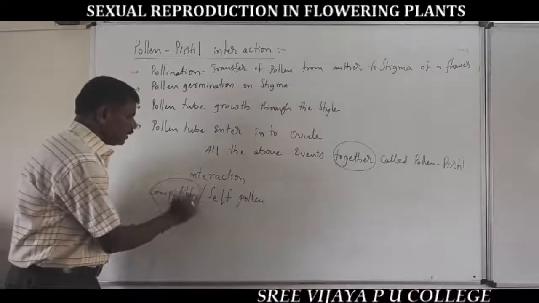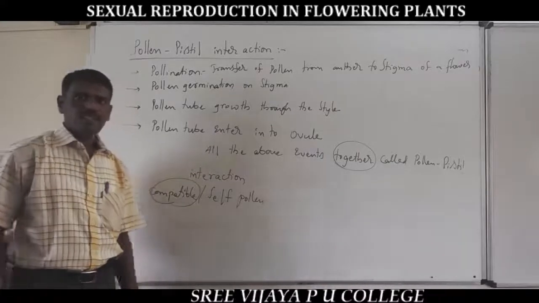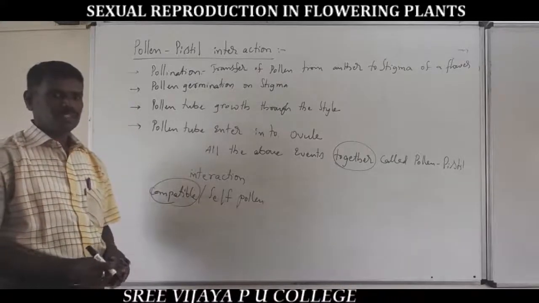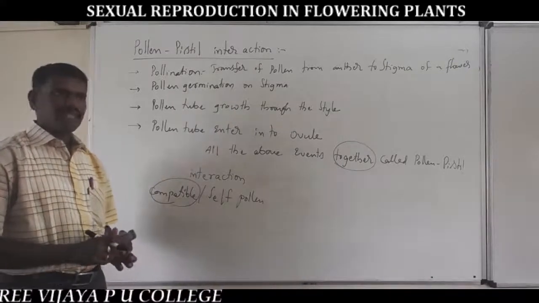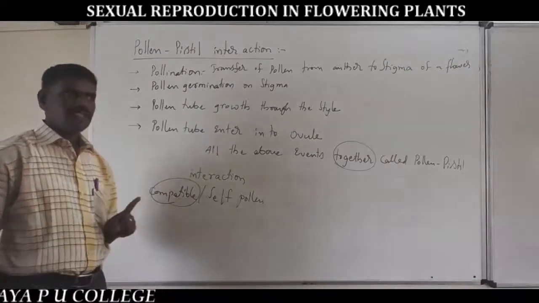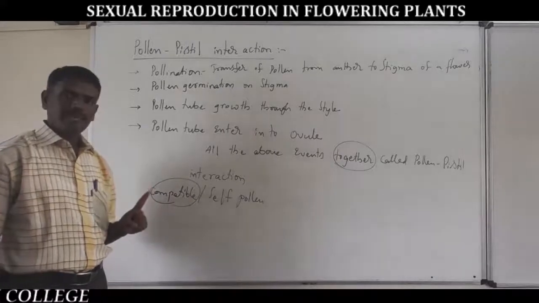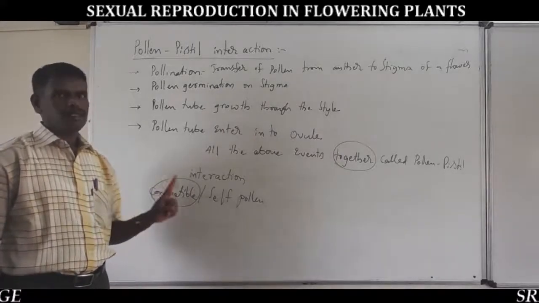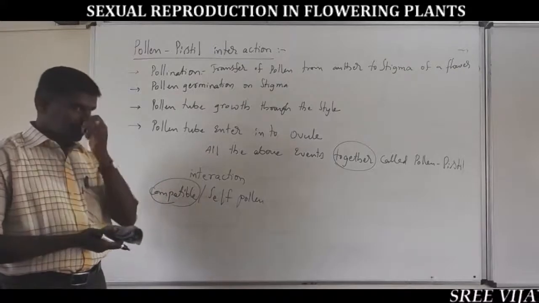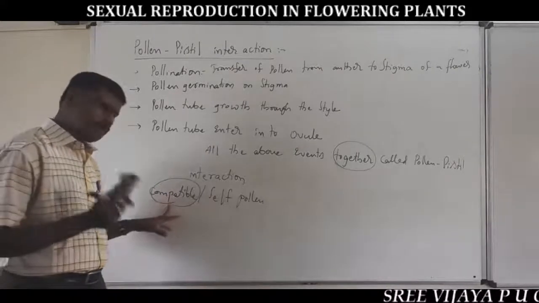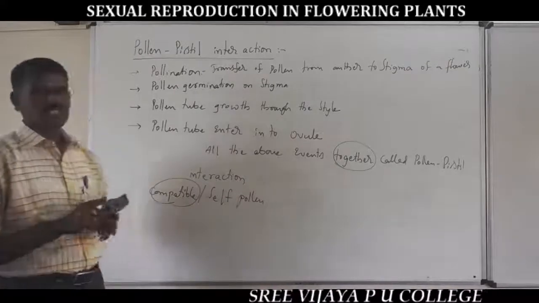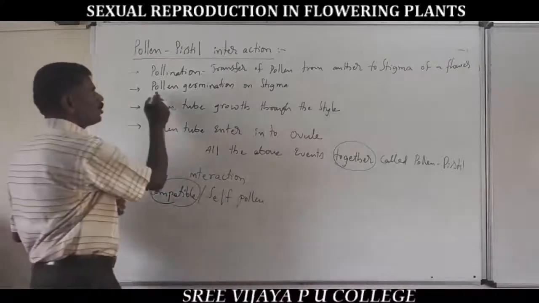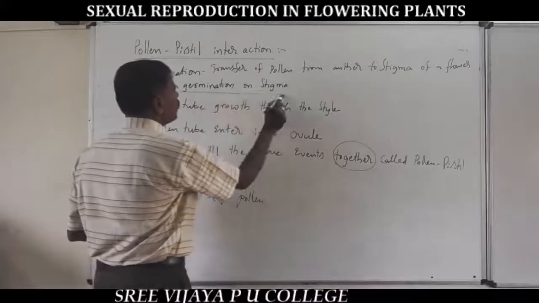The stigmatic surface is able to identify whether the pollen is compatible or incompatible. When a compatible pollen grain falls on the stigmatic surface, the pollen germinates on the stigma.